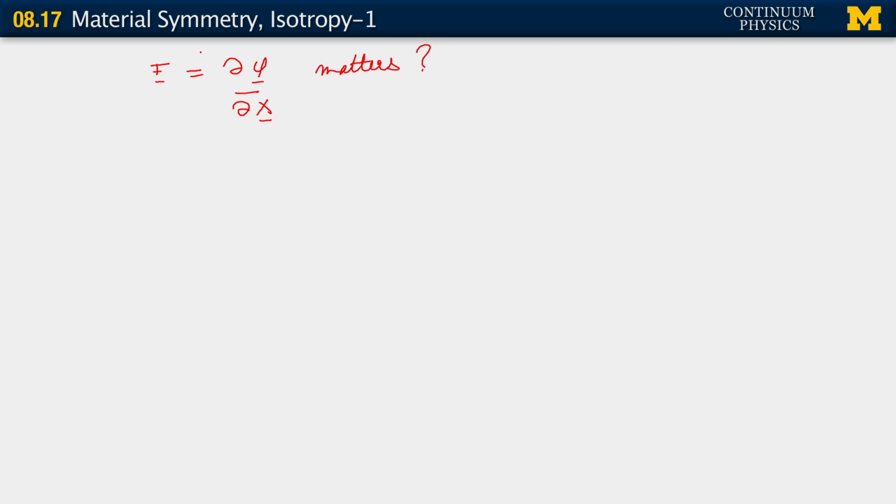Does this matter, or does F star, which is relative to the material fibers? And remember, x star now gives us the material fibers because that is how the material has been rotated. That's the new orientation of the material.